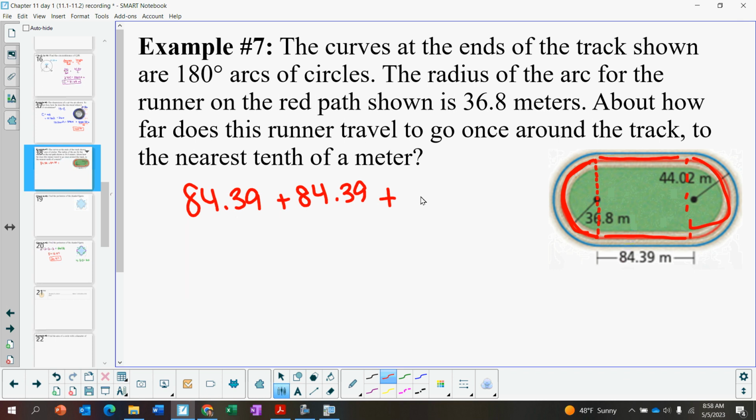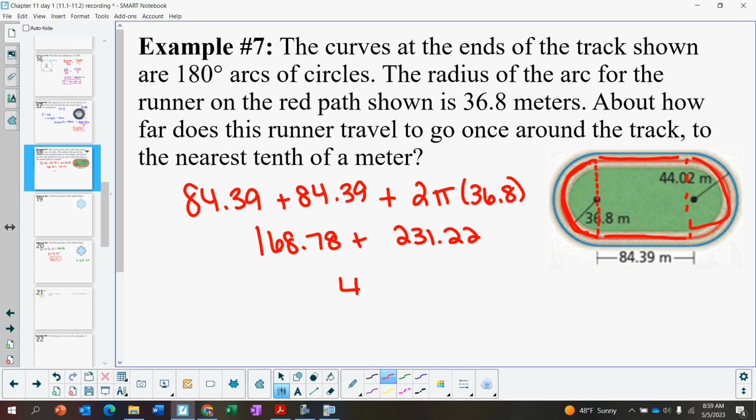So I'm going to add to this the circumference of a single circle that has a radius of 36.8. So that's 2 pi 36.8. So this is going to be 168.78 plus 231.22. And it says to the nearest tenth, but I actually get a whole number here. I get about 400 meters.